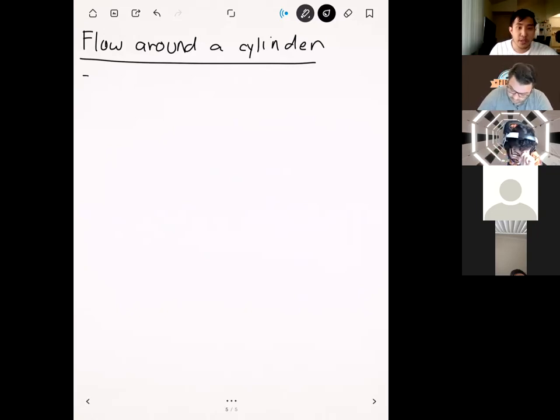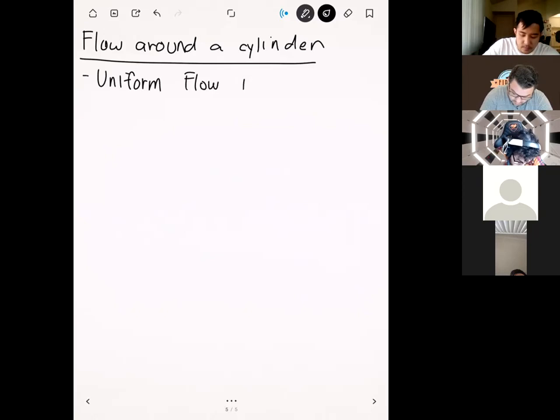To get flow around a cylinder, we're going to apply the same process as our half body, where we add together two stream functions. In particular, flow around a cylinder is the combination of a uniform flow and a doublet.